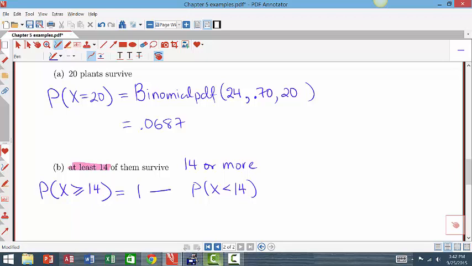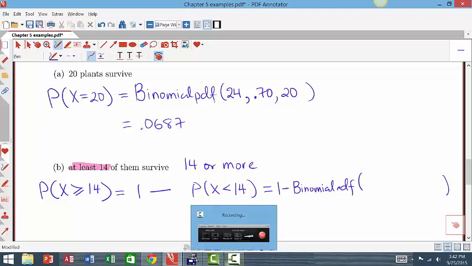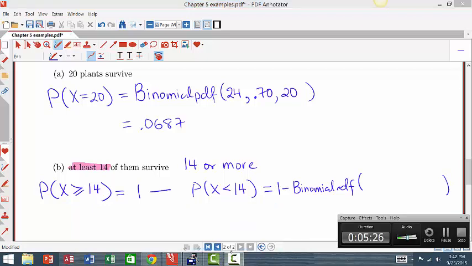Why do we do this? The probability of less than 14, we can compute on a calculator as 1 minus binomial CDF. And why compute it this way? Because your calculator is going to compute probabilities up to a certain value, starting from 0 and up to the value that you provide.